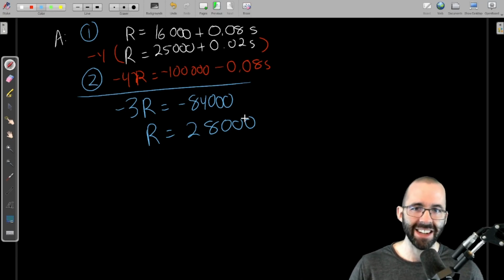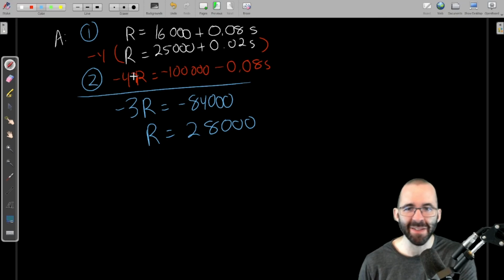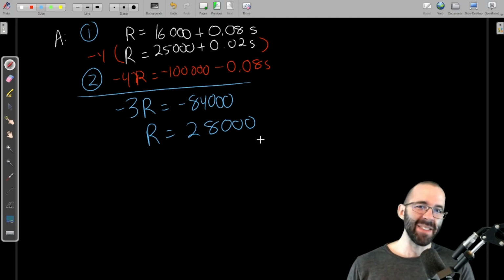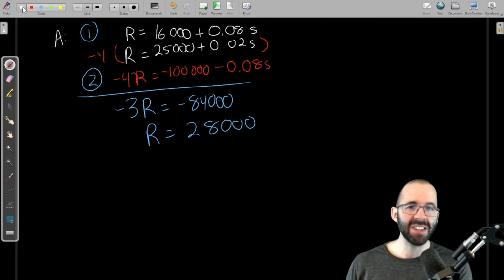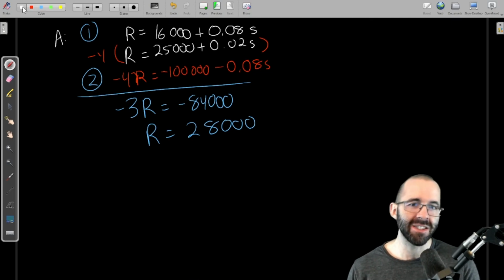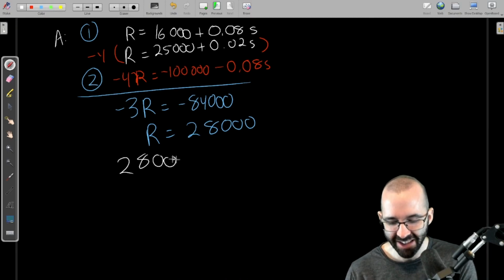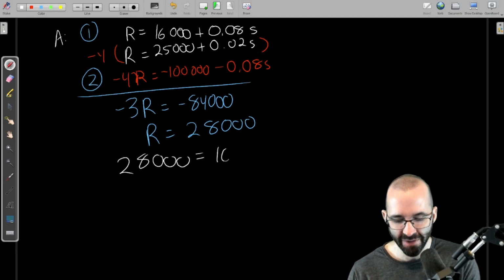This is our salary. So we eliminated the wrong variable. Also, I could have just multiplied it by -1 and eliminated the R. I'm not solving this one optimally, but you can solve it in a lot of different ways. So now we use either one of the original equations to find out what S has to be. Yeah, I didn't think this one through. It's been a long day.